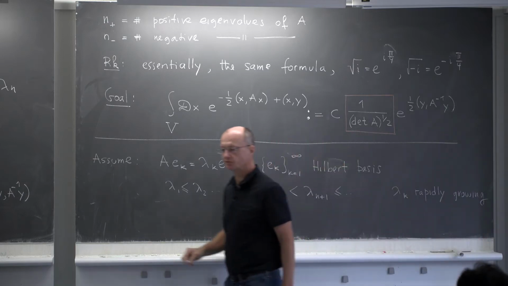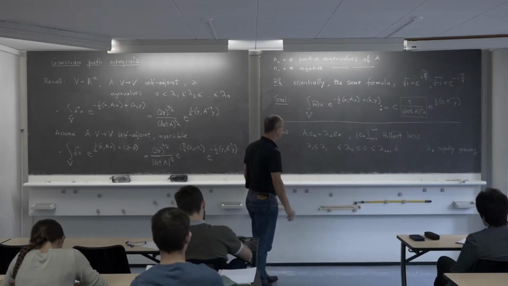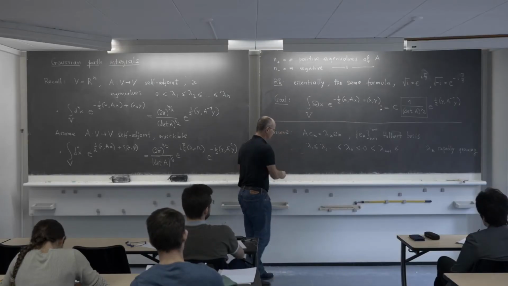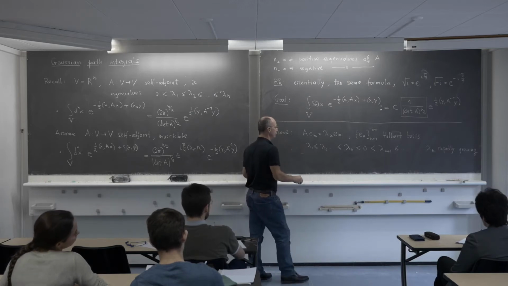So lambdas will be sufficiently rapidly growing with k, so we'll now make it somewhat more precise, and then maybe we'll have further assumptions on the growth rate.